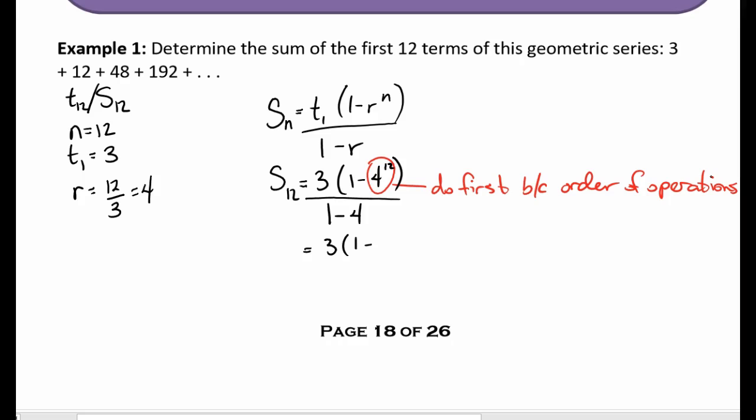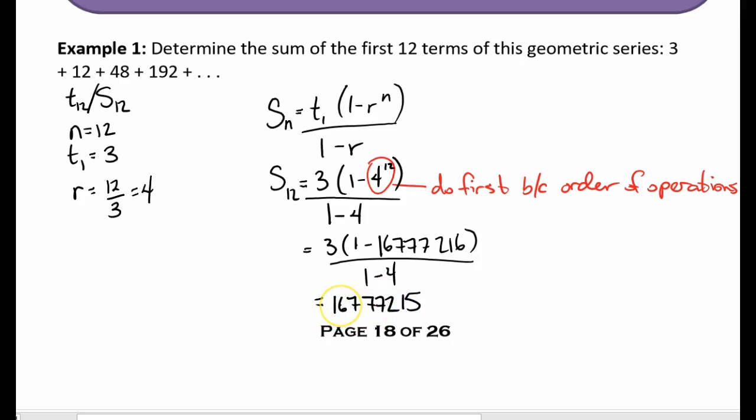So you're going to punch that into your calculator, and you're going to get a really big number. And then we can punch this all into our calculator. Again, we're going to subtract this from 1 before we multiply it by 3. And my final answer is going to be quite long as well.